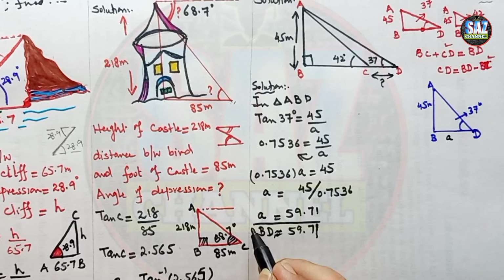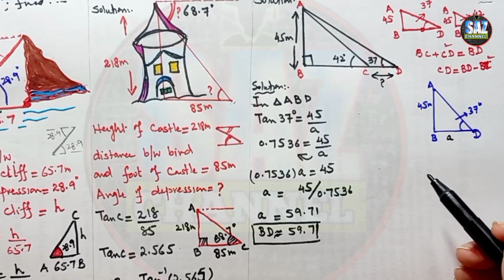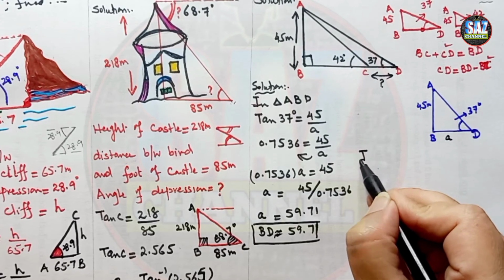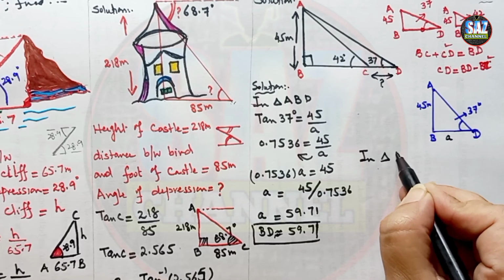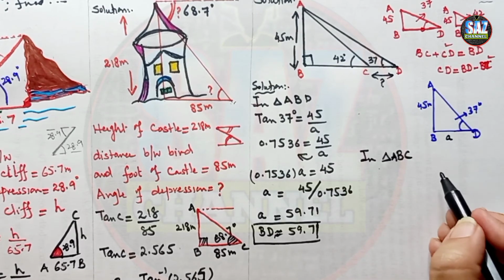Then coming to the second triangle, that is my triangle ABC. In triangle ABC, again I have to make another sketch.